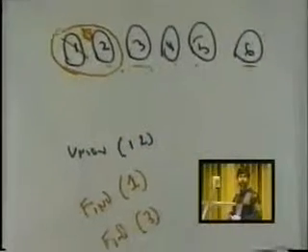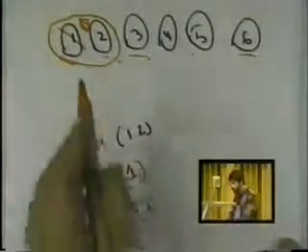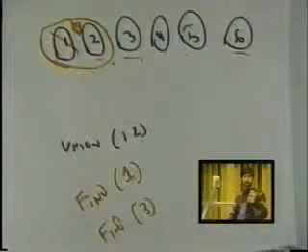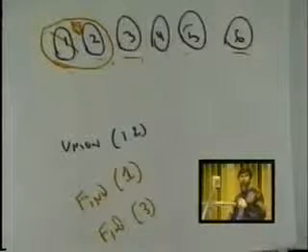If we did a find 3, who's the leader of element 3? 3. If we do a find 2, who's the leader of 2? 2. If we do a find 1, who's the leader of 1? 2. So if we can give each cluster its own name, then my claim is we can do the connectivity testing.